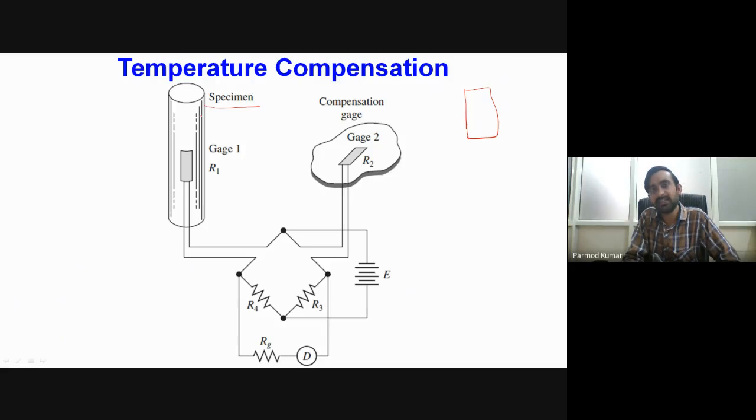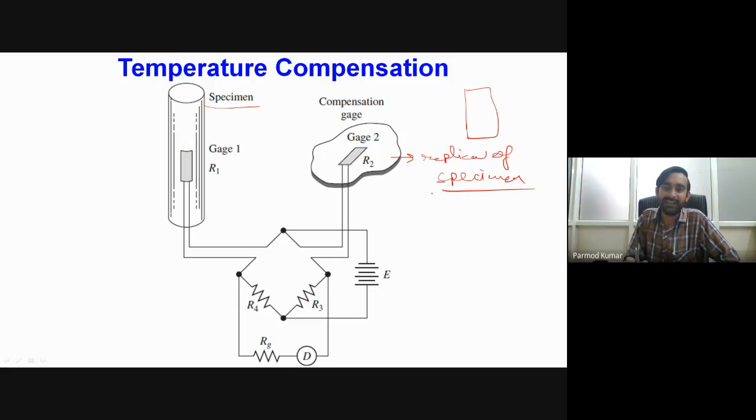Okay, and in this particular replica, what we will be doing? So this is nothing but, I can say, a replica of the specimen. Okay, so the dimension may be different, but the material will be exactly the same. Okay, and instead of fitting a single strain gauge, one strain gauge we will be fitting over our actual specimen, and another strain gauge we will be fitting over that replica of the specimen.